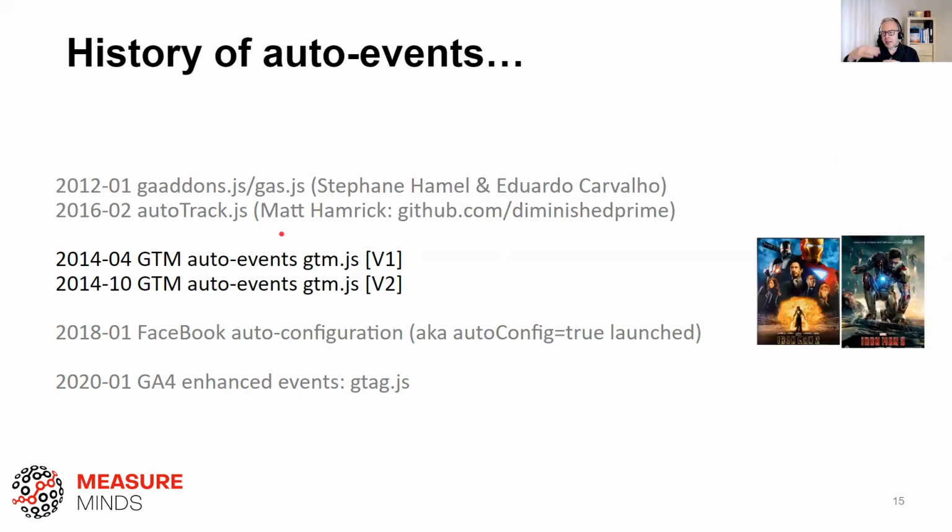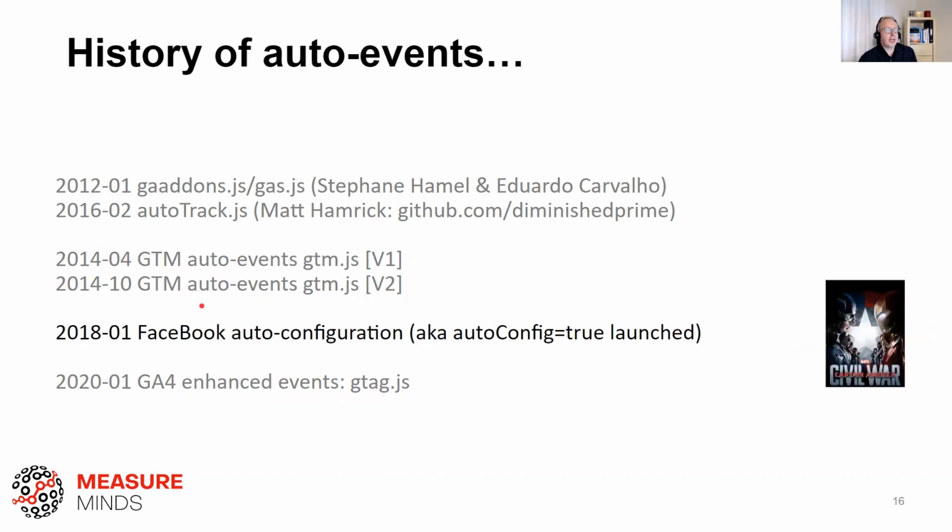Not necessarily in sequence here, but roughly after that, GTM auto events launched with click listeners and link listeners and form submit. There are two versions of that: V1 GTM auto events and then V2. Interestingly, Facebook started to realize actually just having a Facebook page view is not enough.